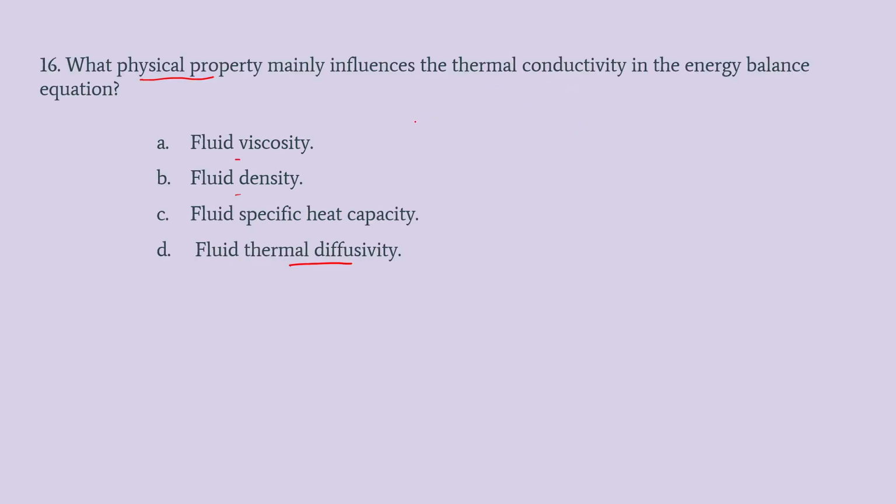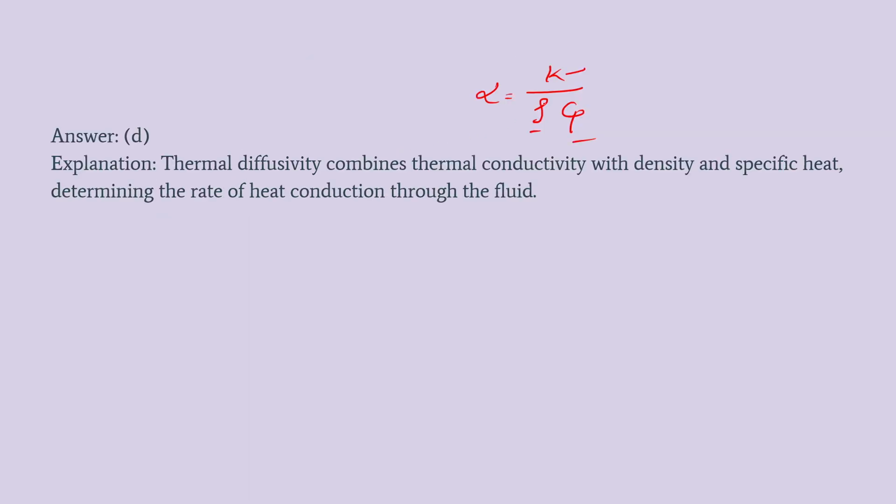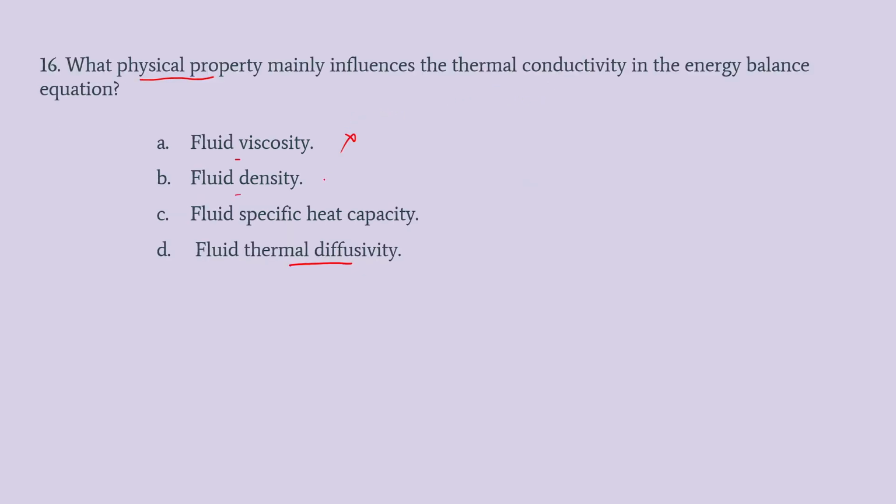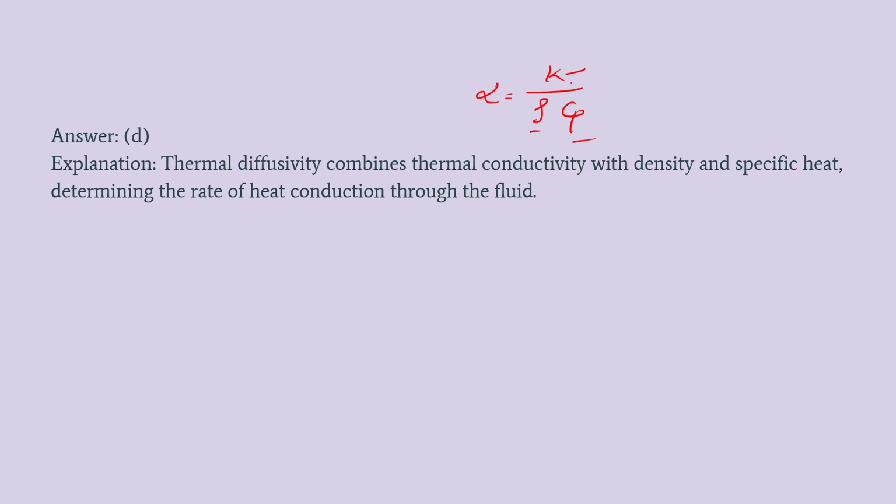So all the other three are being accounted. Apart from viscosity, the density, conductivity, as well as specific heat, all the three properties have been comprehensively included in the thermal diffusivity. So our answer is option D, thermal diffusivity.